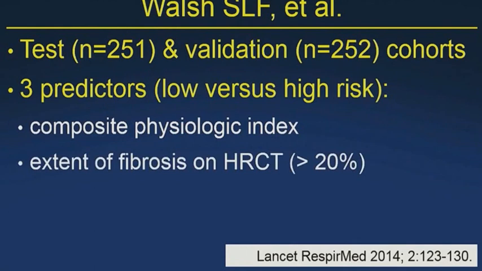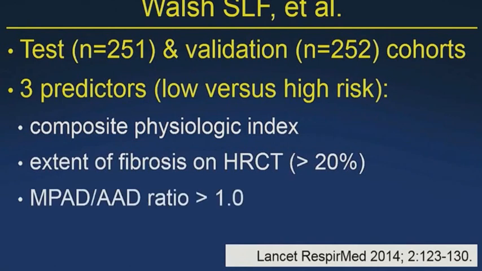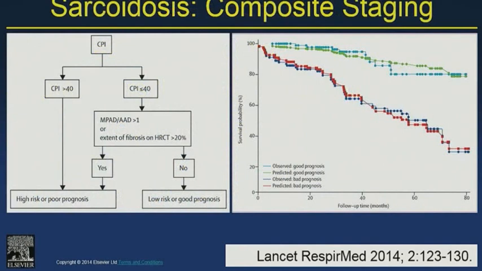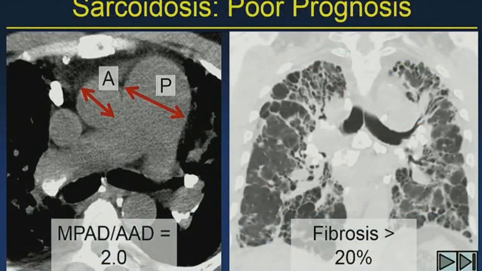The first was a composite physiologic index, but the two imaging descriptors were the extent of fibrosis on high-resolution CT with a cut point of 20% and an increased ratio of the main pulmonary artery diameter to aortic diameter of greater than 1, which is a surrogate marker for pulmonary hypertension. And if you look at the data for this study, all three of these things proved to be powerful and independent predictors of poor outcome in patients with sarcoidosis.